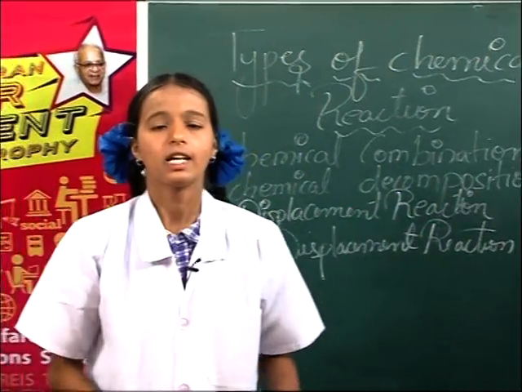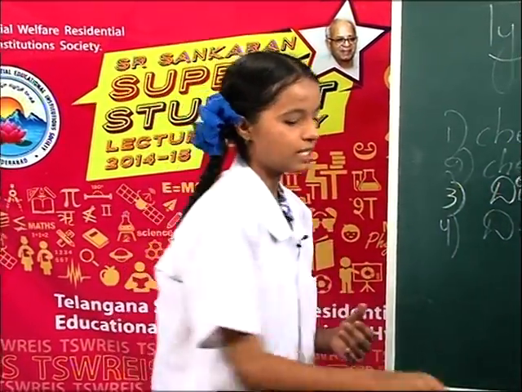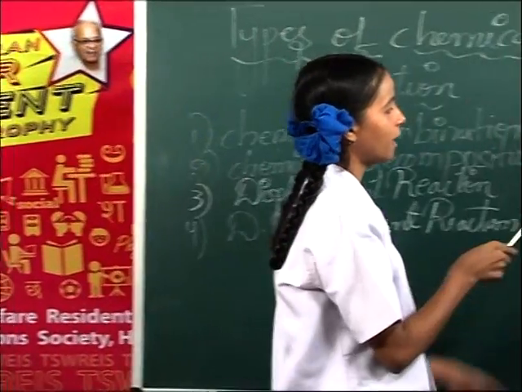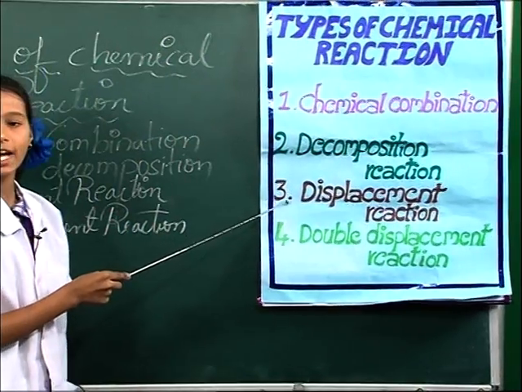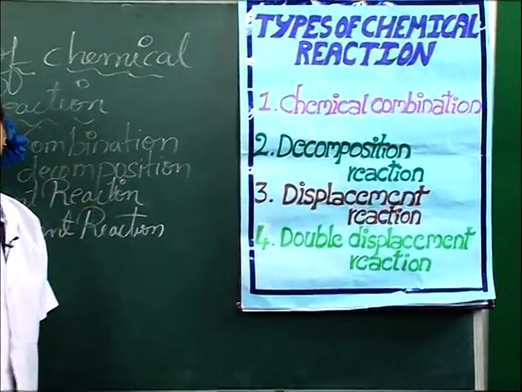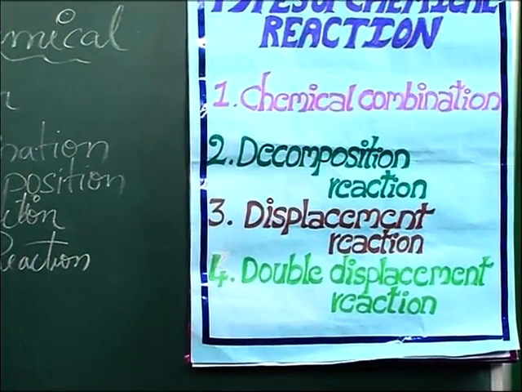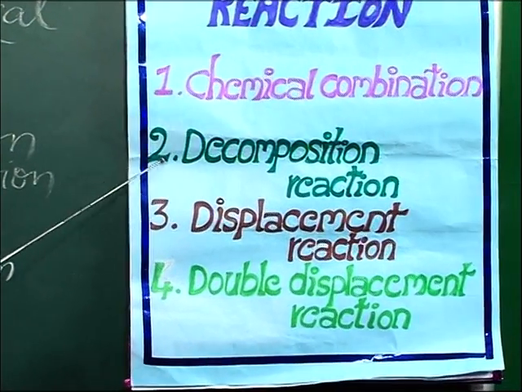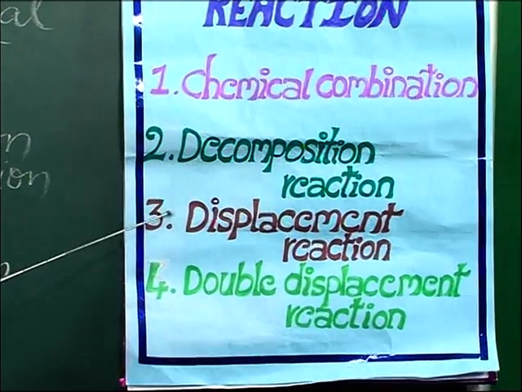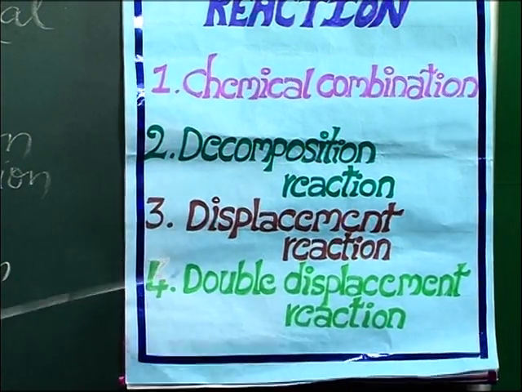So Tswreis, chemical reactions are classified into 4 types. First one is chemical combination, second one is chemical decomposition reaction, third one is displacement reaction and fourth one is double displacement reaction.